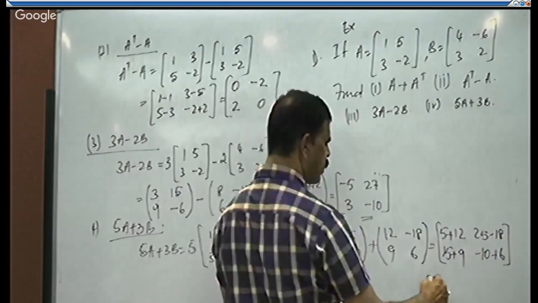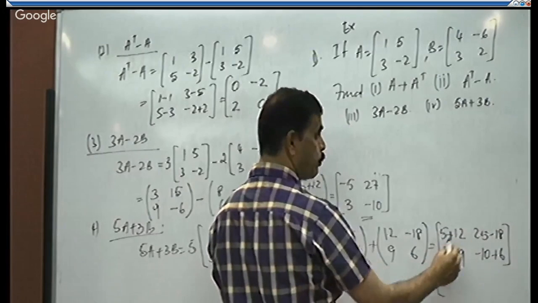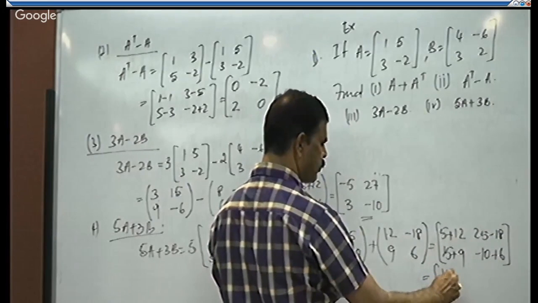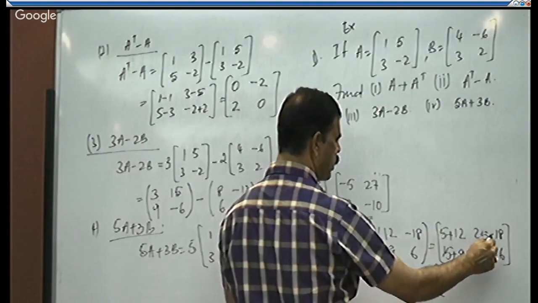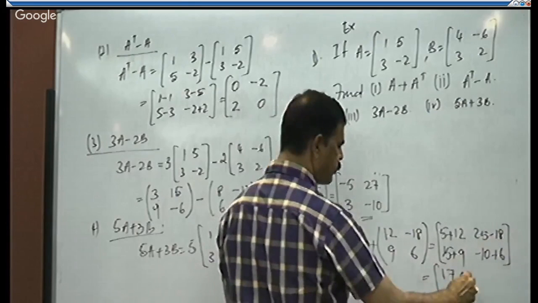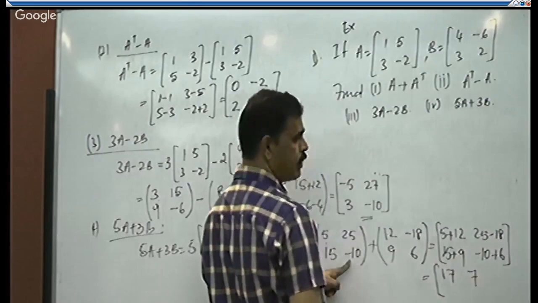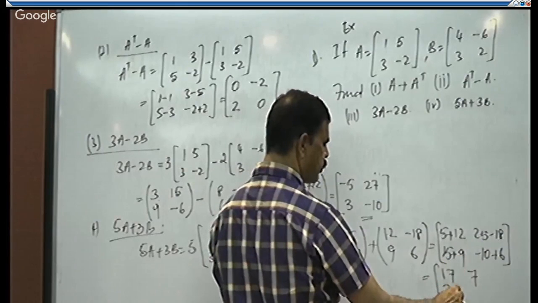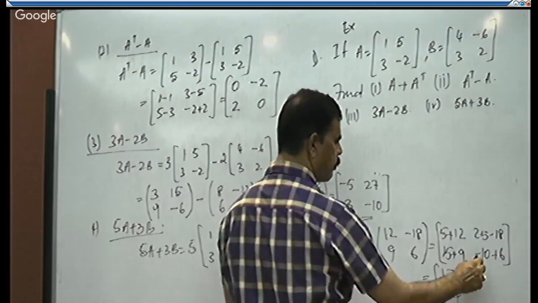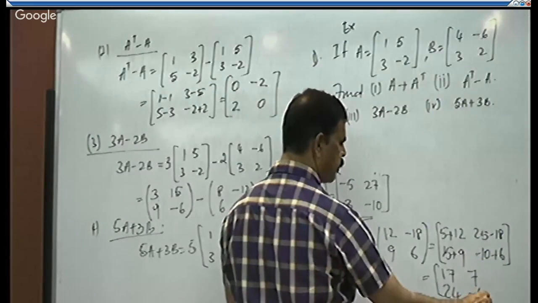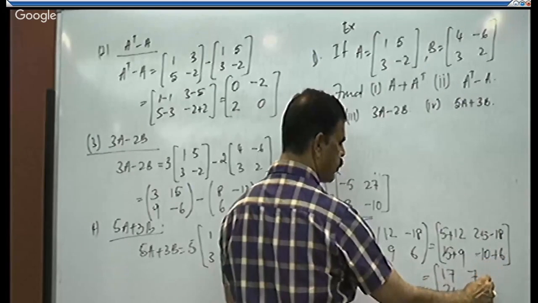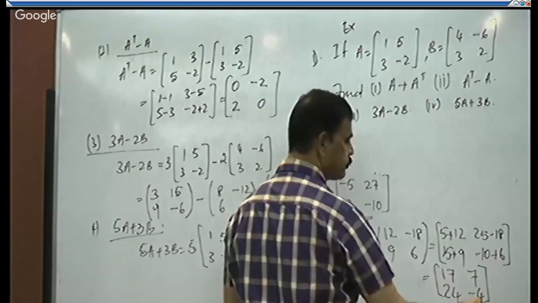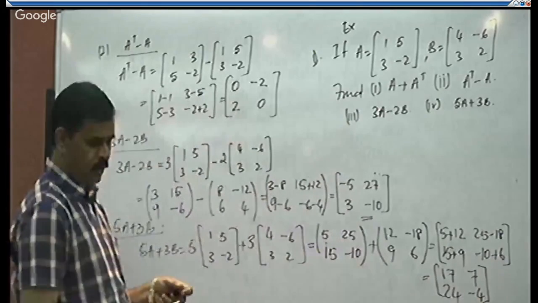So its answer is equal to 5 plus 12, it is 17. 25 minus 18, it is 7. 15 plus 9, it is 24. Minus 10 plus 6 is minus 4. This is the answer. Okay.